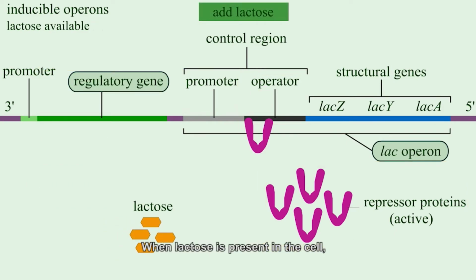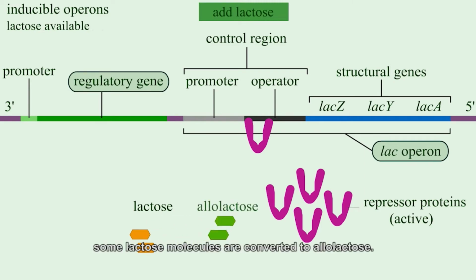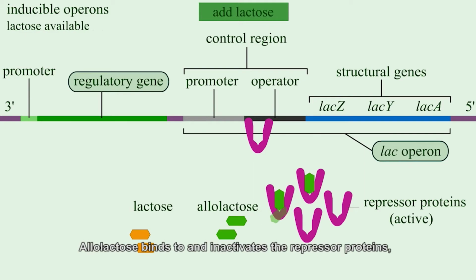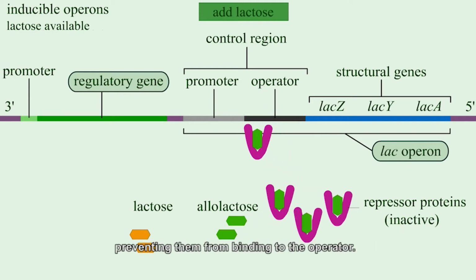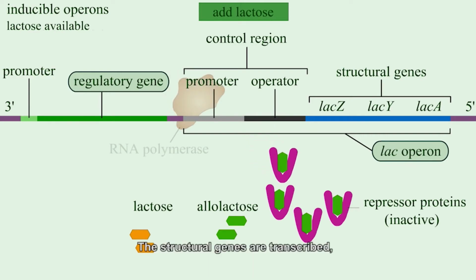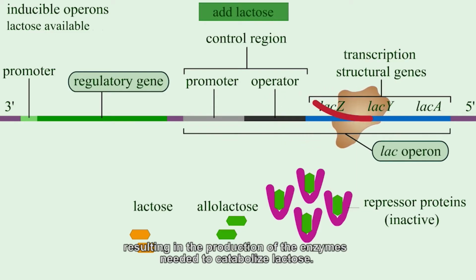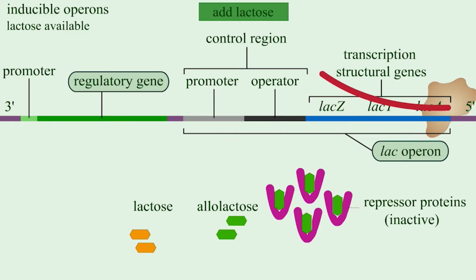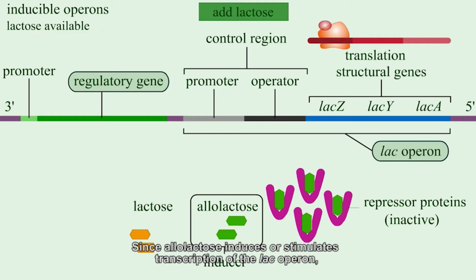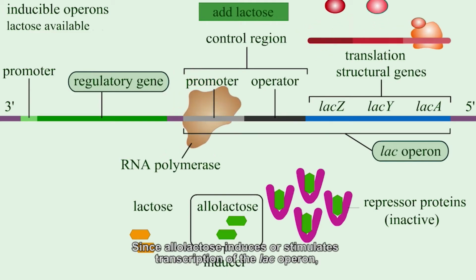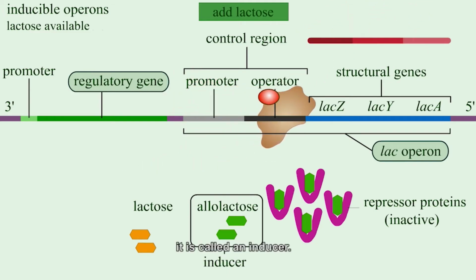When lactose is present in the cell, some lactose molecules are converted to allolactose. Allolactose binds to and inactivates the repressor proteins, preventing them from binding to the operator. The structural genes are transcribed, resulting in the production of the enzymes needed to catabolize lactose. Since allolactose induces or stimulates transcription of the lac operon, it is called an inducer.